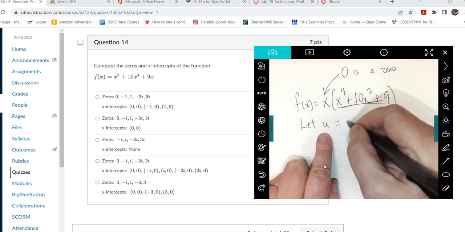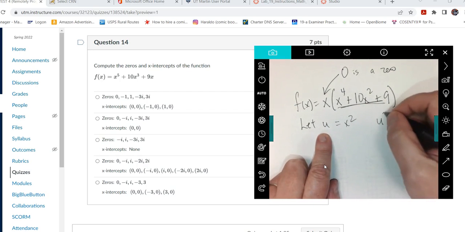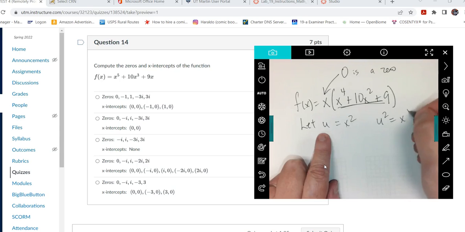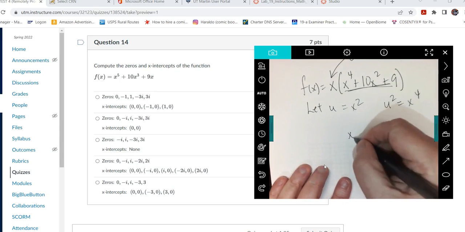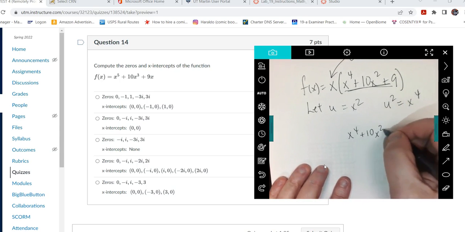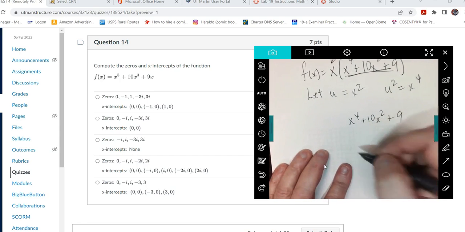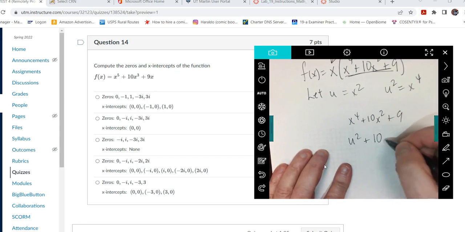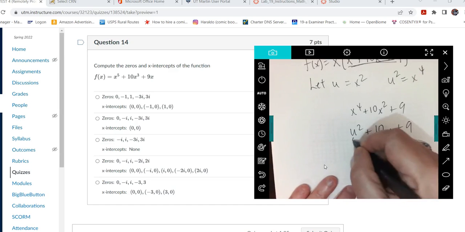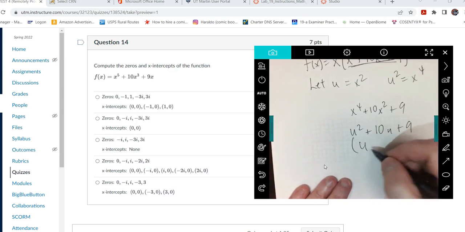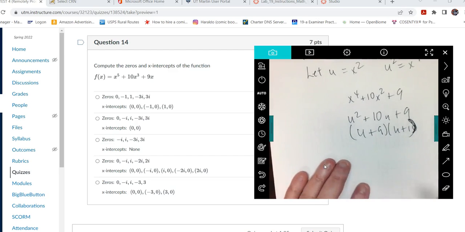And let's see if we can get the zeros of that. Let's let u be equal to x squared. And u squared is equal to x to the 4th. And so I can rewrite this as u squared plus 10u plus 9. That will factor as u plus 9 times u plus 1, my bad.